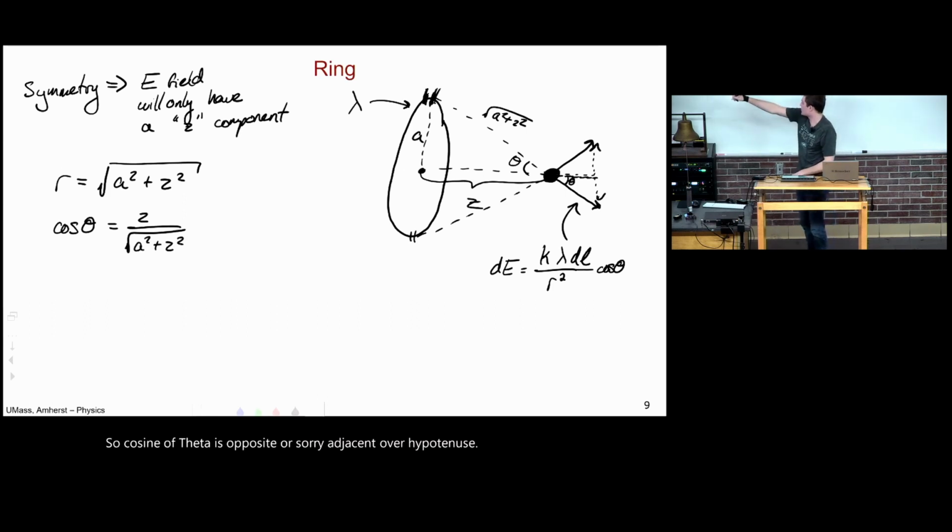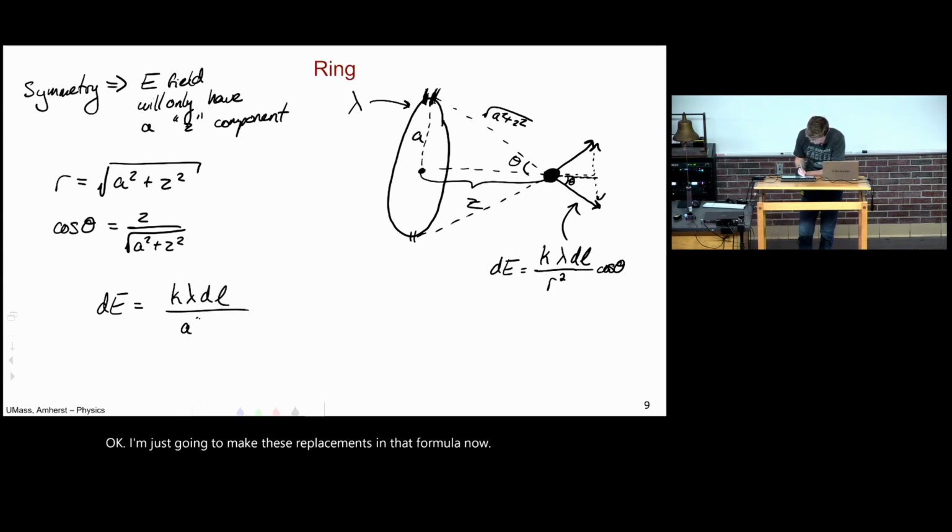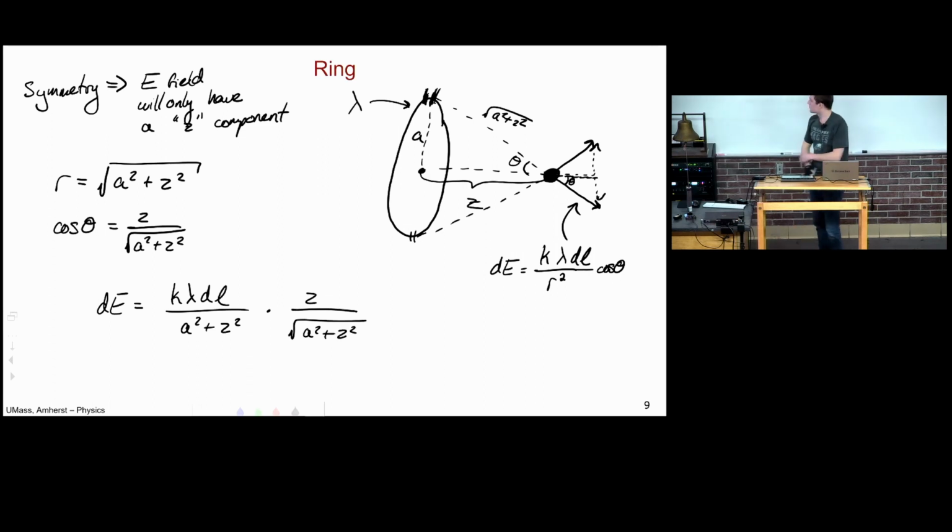Okay, and I'm just going to make these replacements in that formula now. Okay. I'll let you guys finish writing that. I know it's a mouthful.